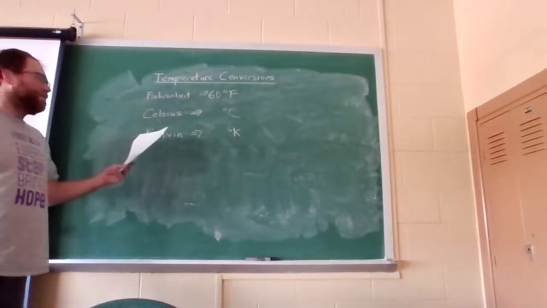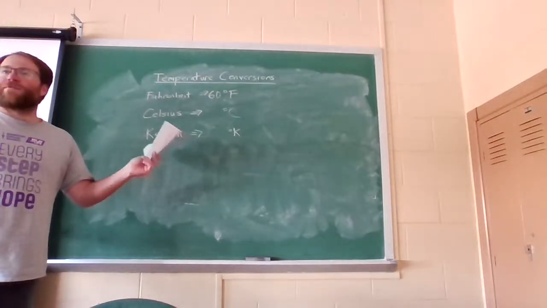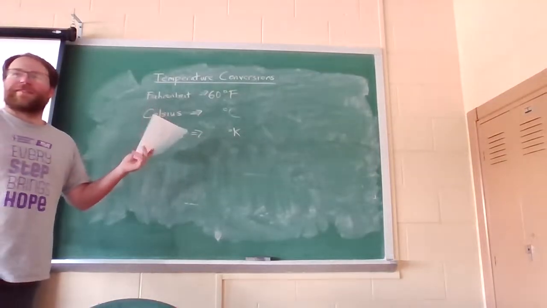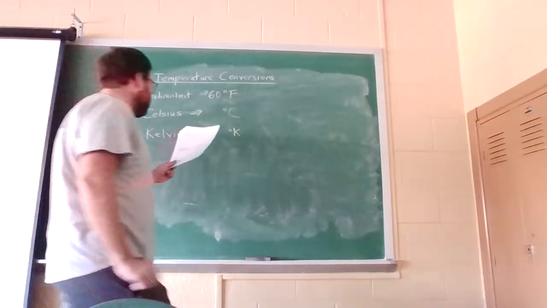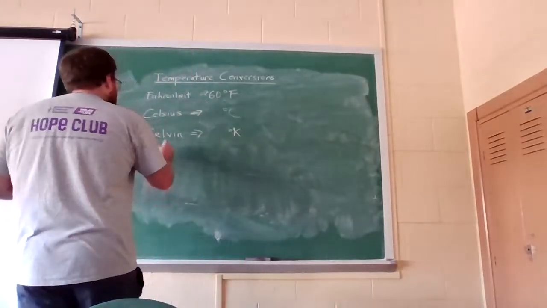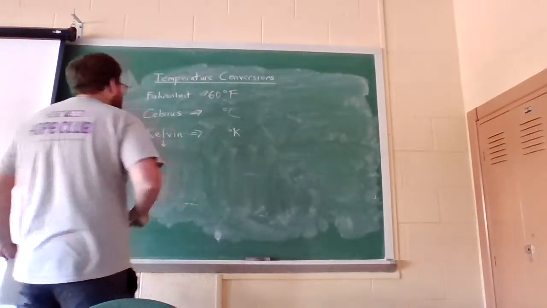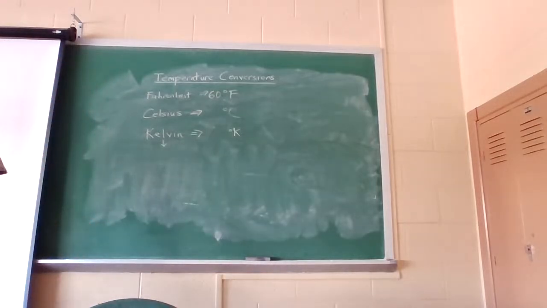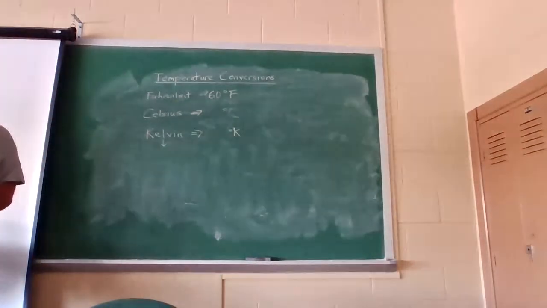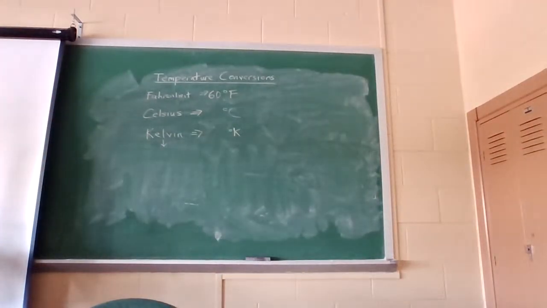Kelvin is basically the more scientific form of Celsius. To give you some background there, Kelvin is based off of what's the coldest temperature that's possible. In Kelvin, what's it better known as?